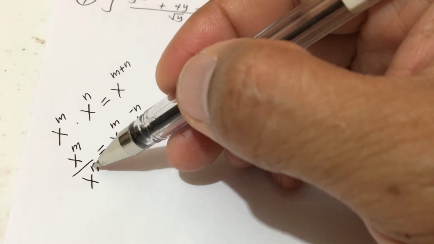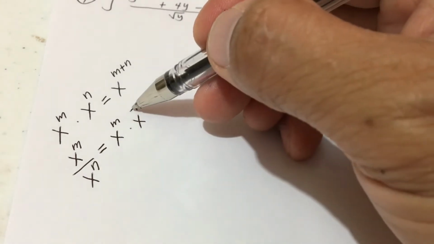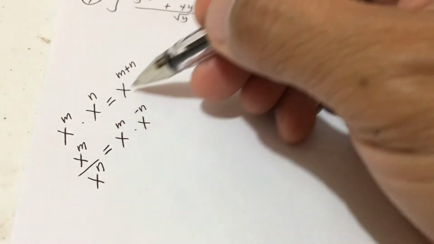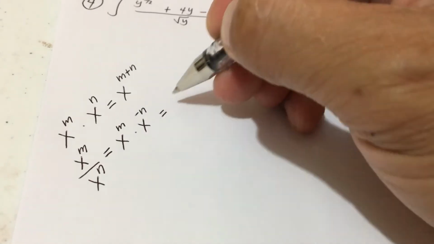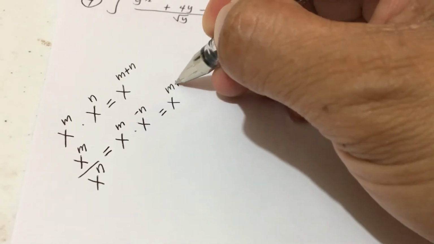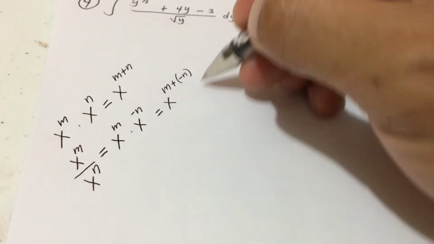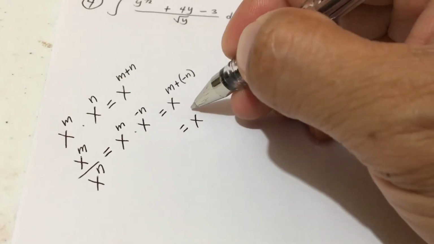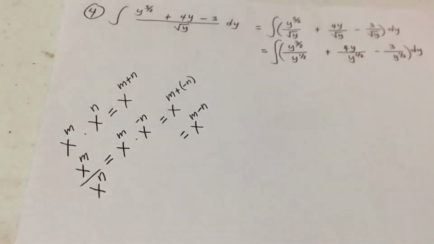From positive it becomes negative, or if this is negative then this becomes positive, and then apply this law of exponent. So we have x to the power m plus negative n, or simply this is equivalent to x to the power m minus n.